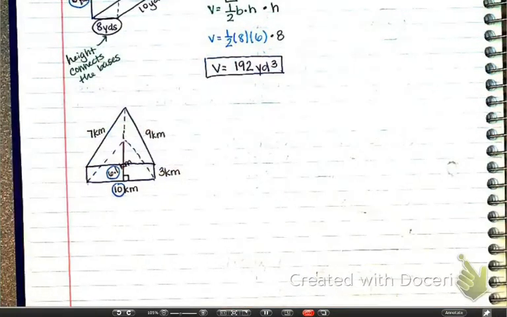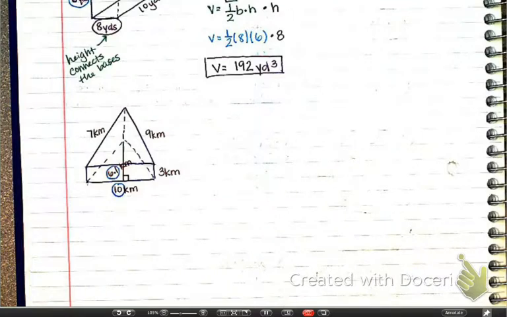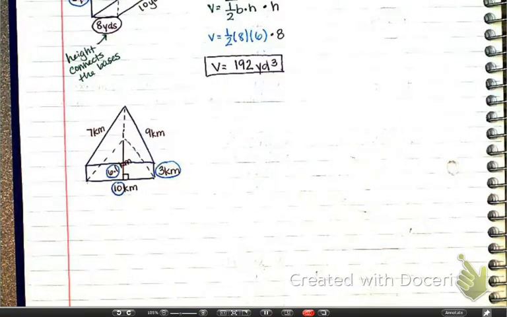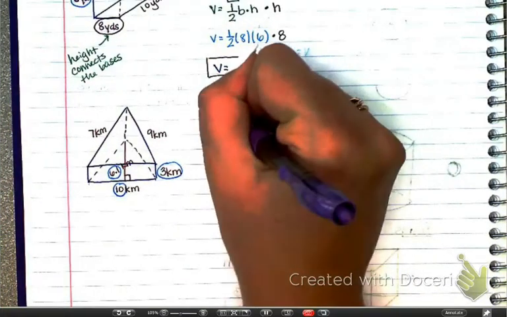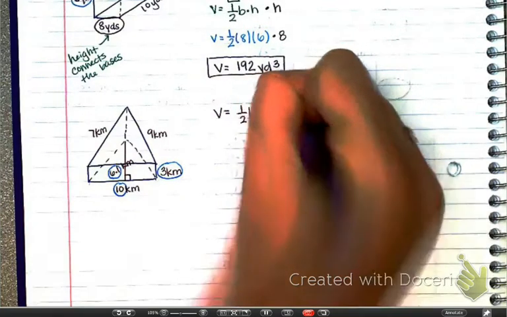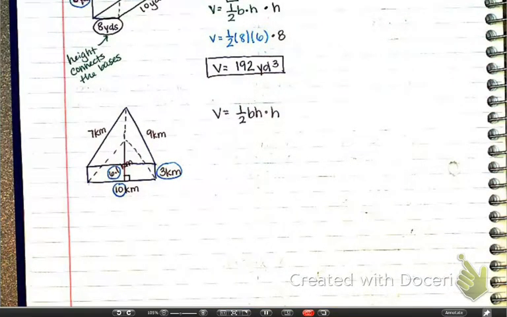What is the height of the prism? How much does it pop up? What connects the top and the bottom? The 3. So we still have 1/2 base times height.